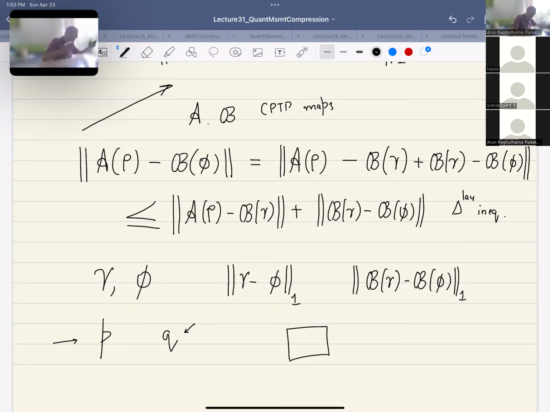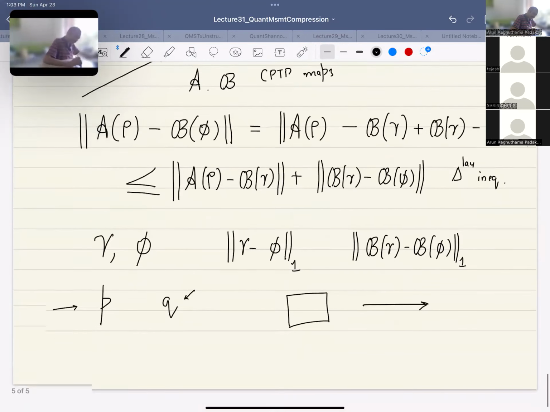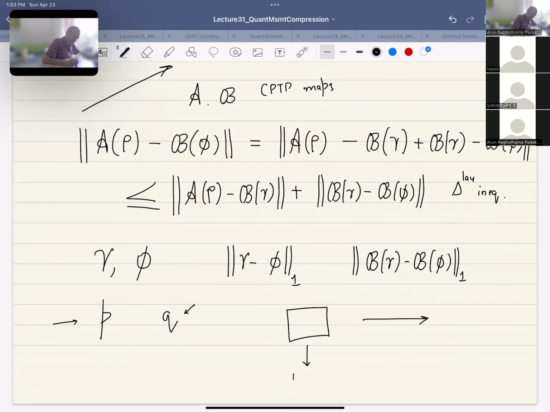I have some ability to distinguish. But suppose somebody adds some more noise to it and then asks me to distinguish between P and Q, my ability is much weaker because it's got mixed with some more uncertainty, right? So your ability to distinguish between two states, gamma and phi, reduces if they are perturbed through some operation.